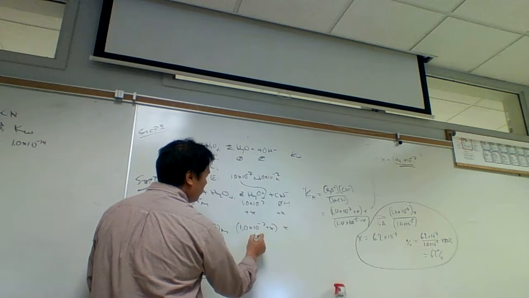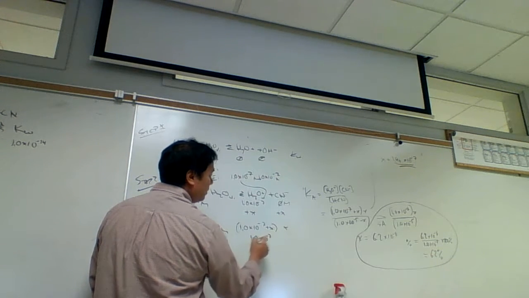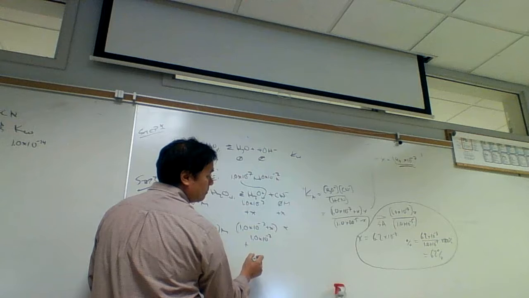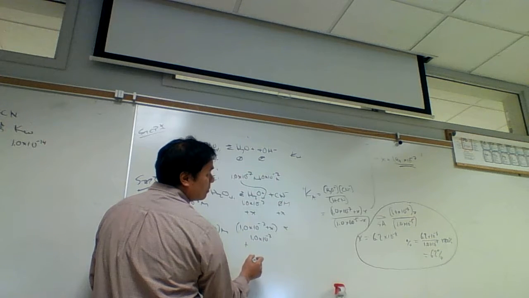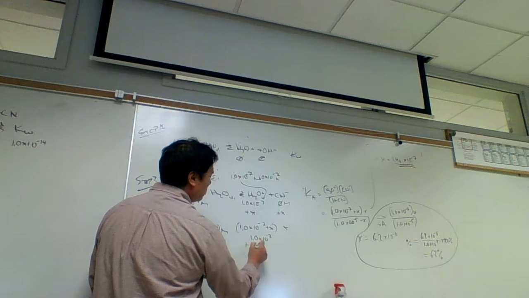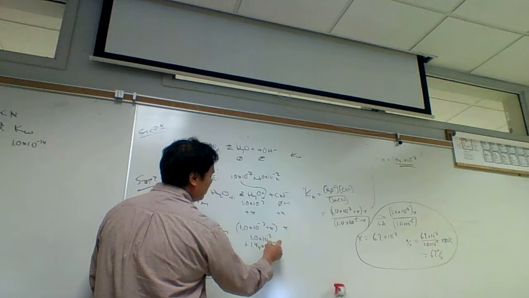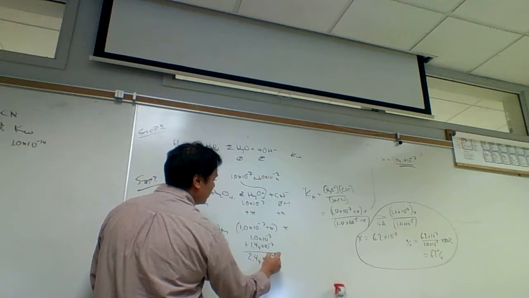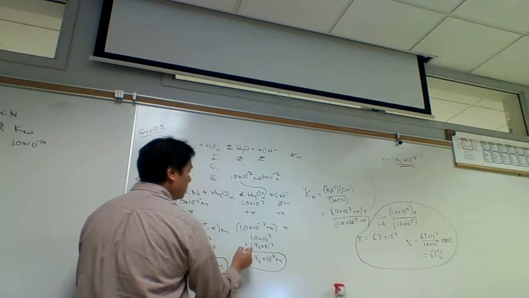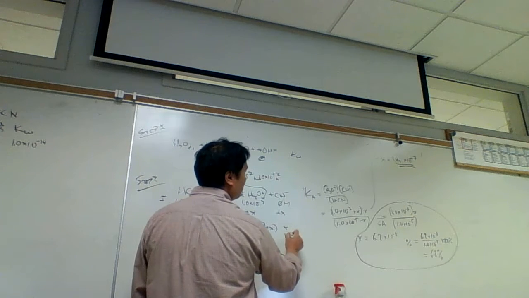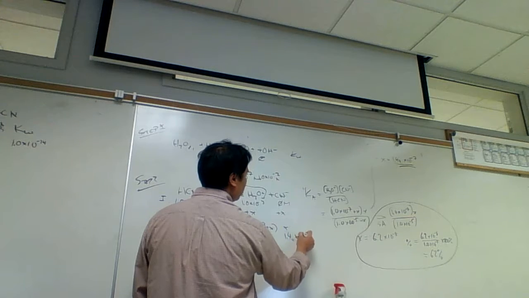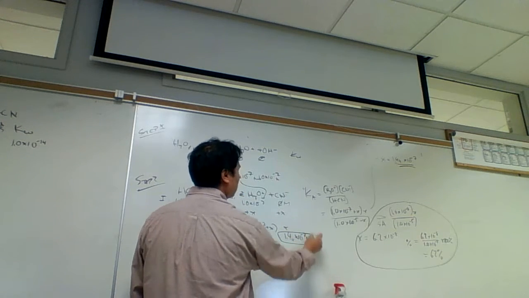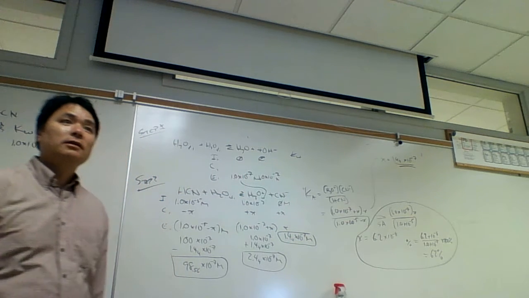So I got 1.0 times 10 to the negative 7 plus 1.44 times 10 to the negative 7, which is going to give me 2.44 times 10 to the negative 7 molar. And then over here I get 1.44 times 10 to the negative 7 molar. Is that right? All right.